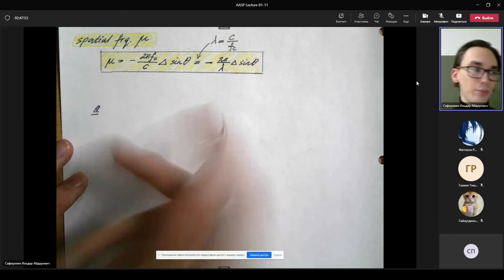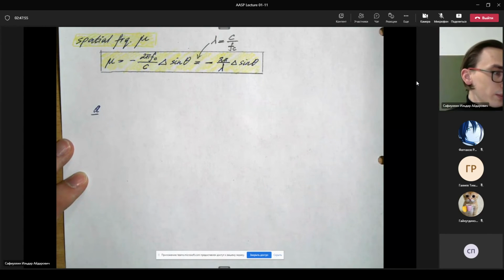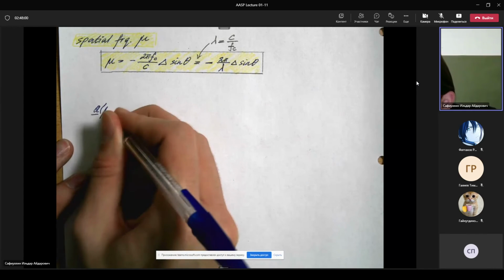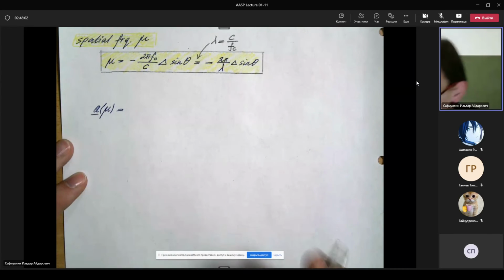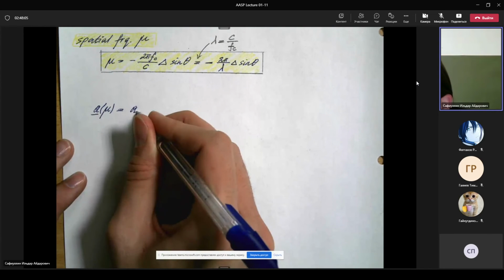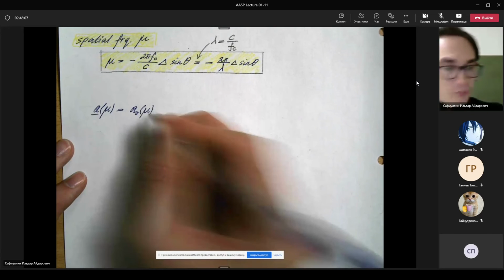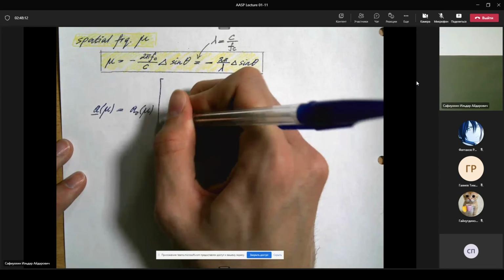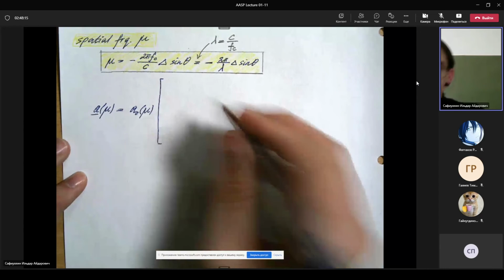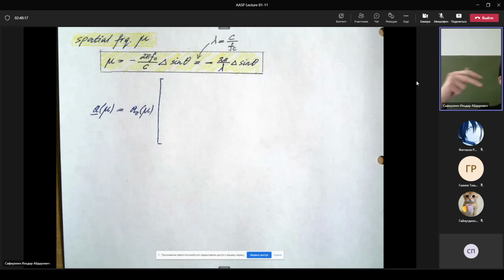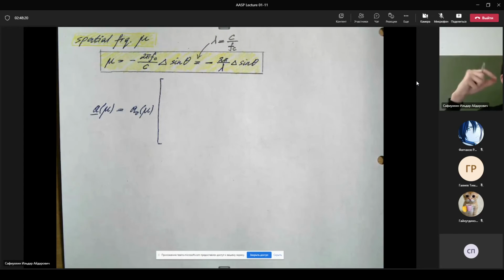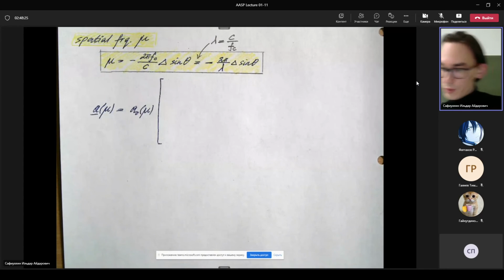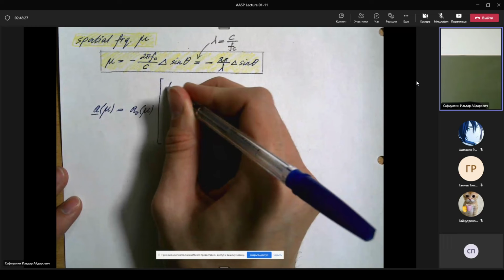A, which depends in this case not on theta but on mu, A of mu, is equal to A subscript 0 of mu times the following vector. The first value is e to the power of minus j tau 1. Tau 1 is equal to 0, and everything to the power of 0 is equal to 1. So here we have 1.